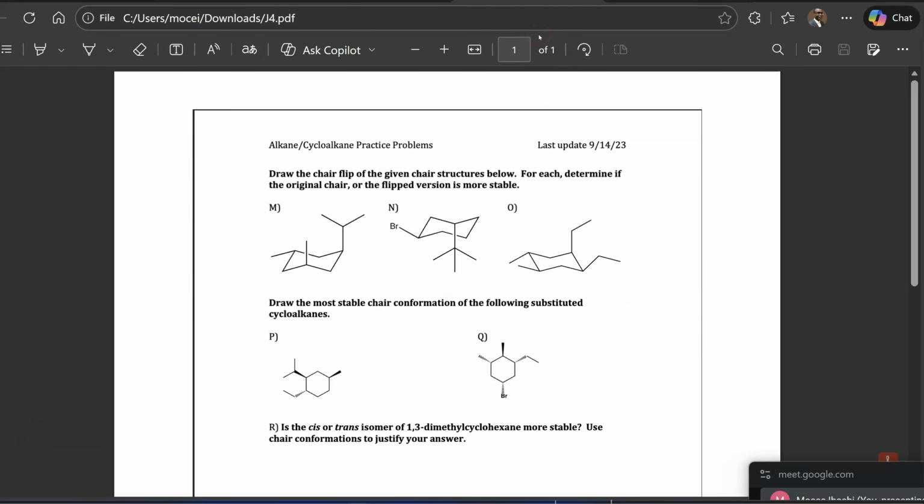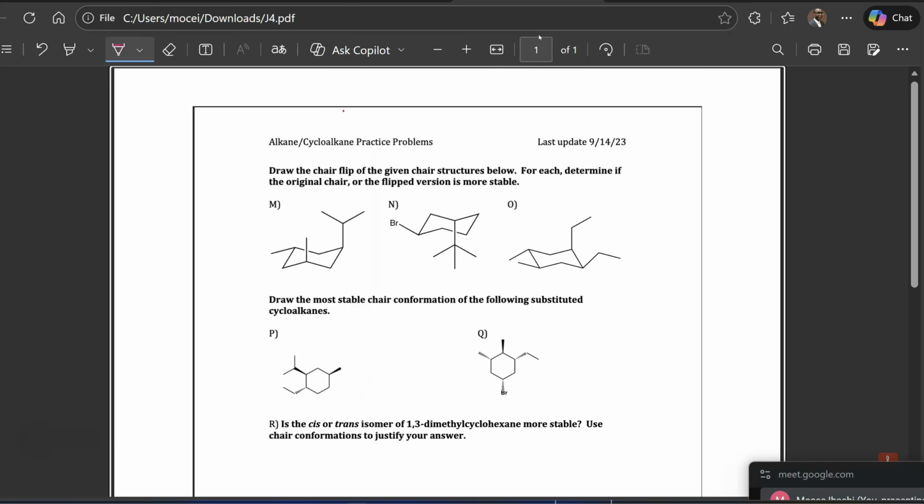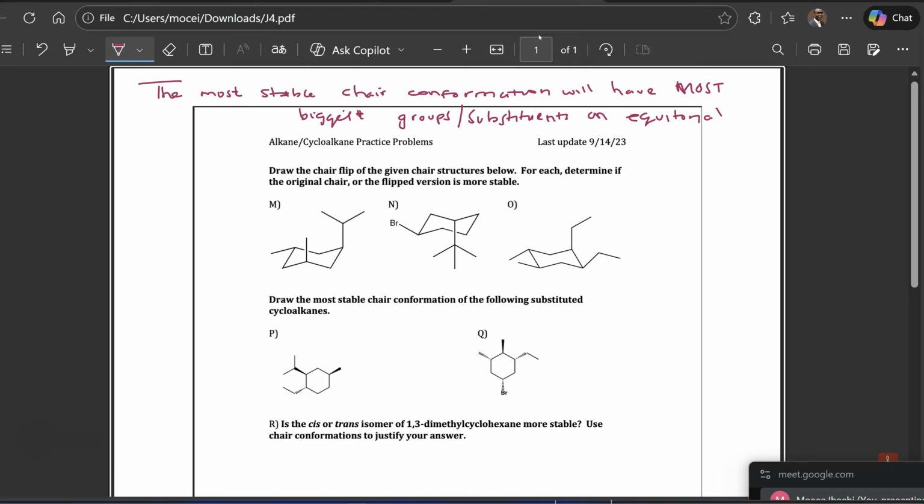Those are chair conformations. The most stable chair conformation, let me write the rule here. So you would want big groups on equatorial.